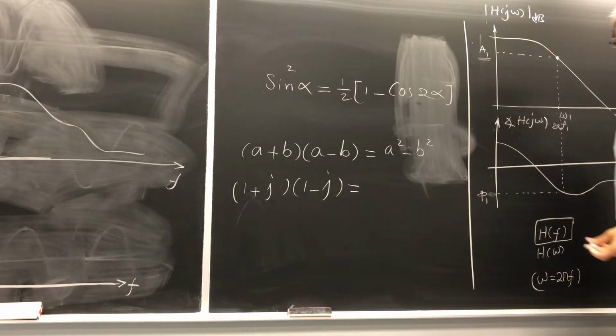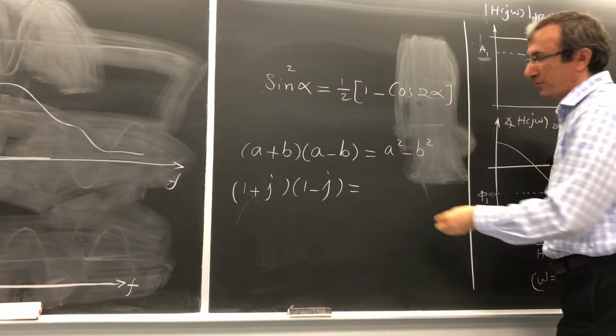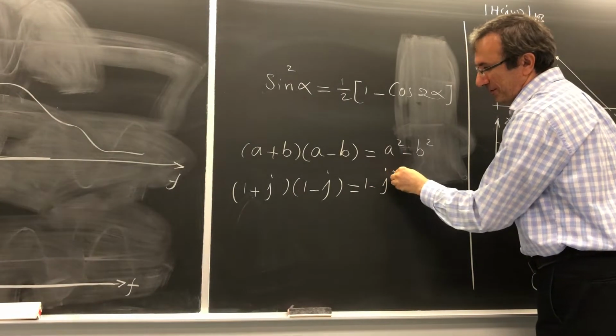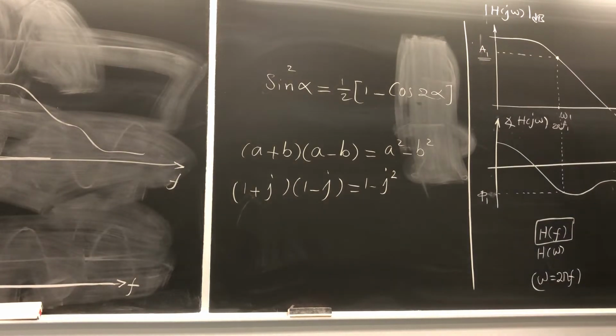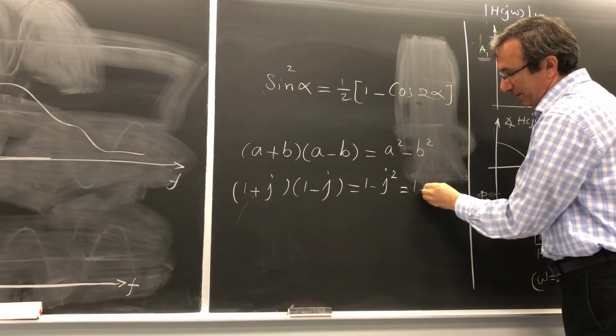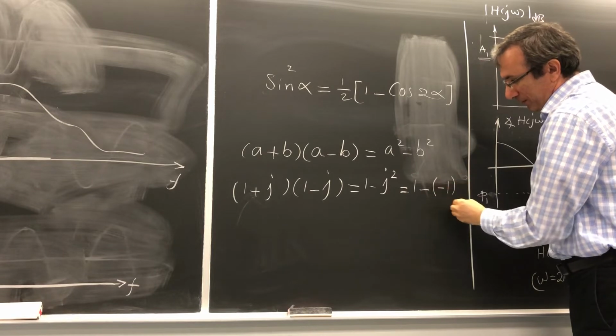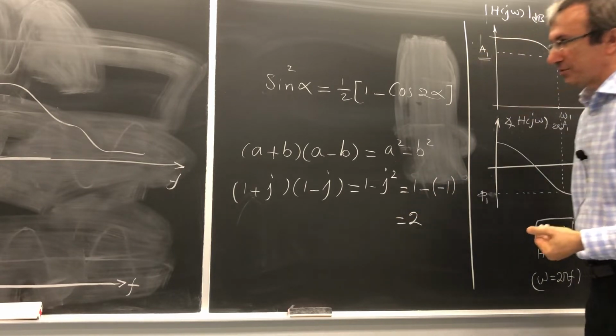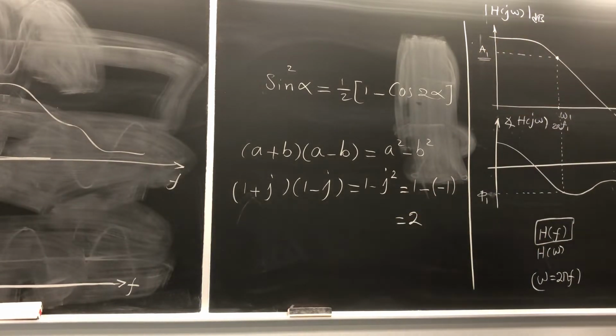So 1 plus j times 1 minus j, what is the result? 1 minus j squared. What is j? Square root of negative 1. When it is squared, I'm going to get 1 minus minus 1, which is 2.